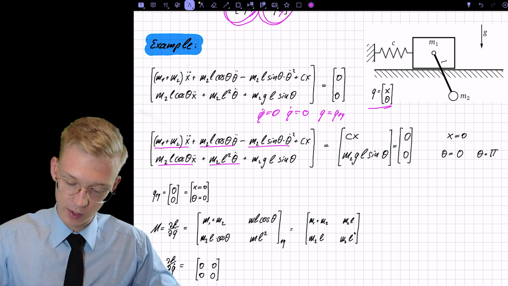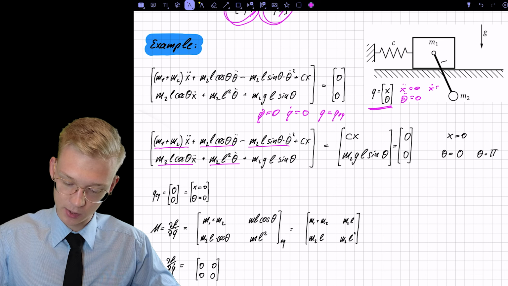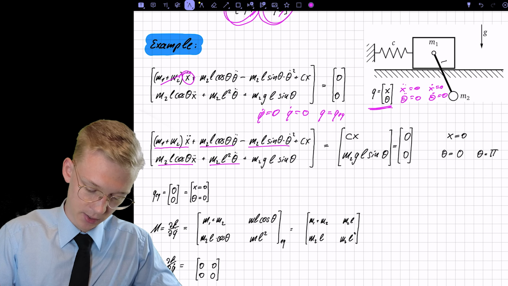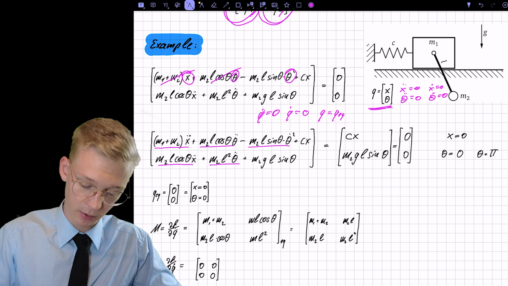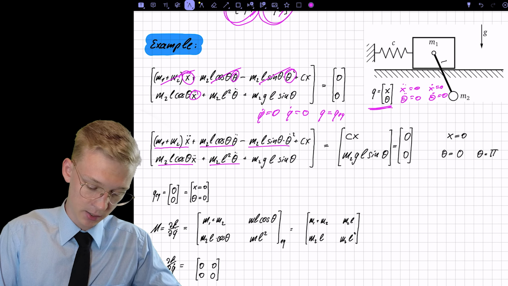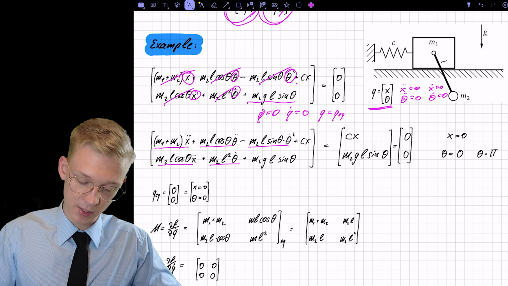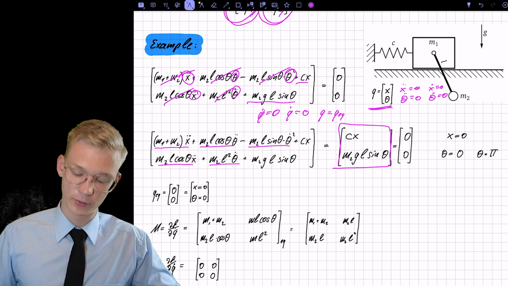So x double dot is 0, theta double dot is 0, x dot is 0, and theta dot is 0. Here we have a double dot, this is 0. Here we have a single dot, this is also 0. X double dot is gone, theta double dot is gone, and we are left with this and this part.